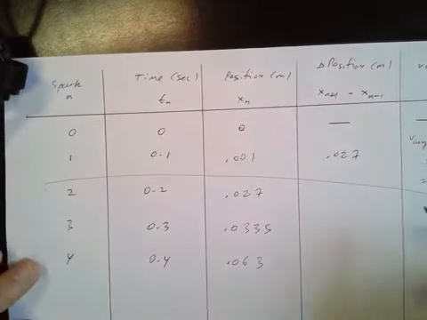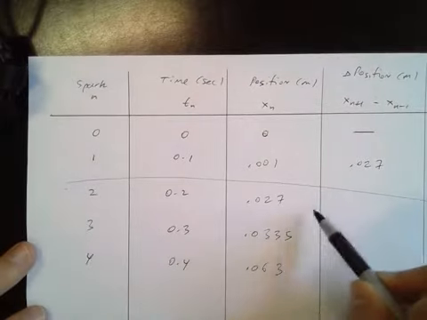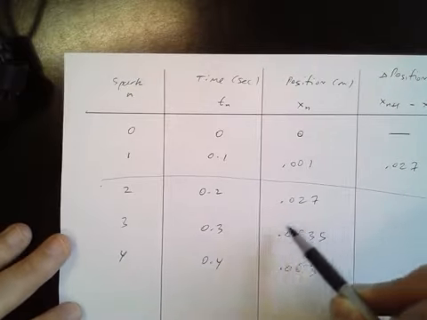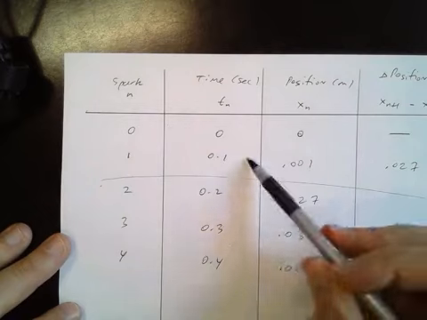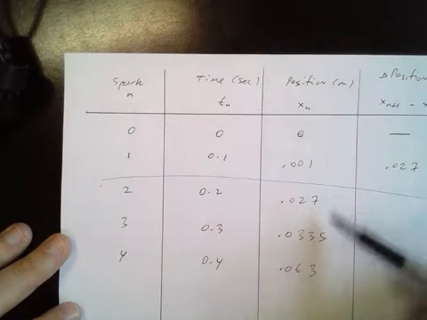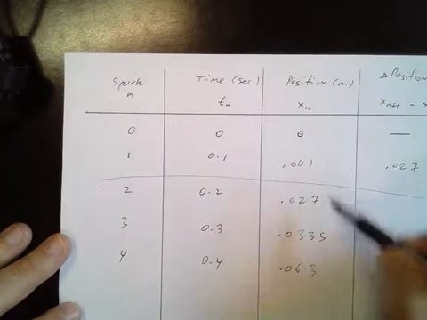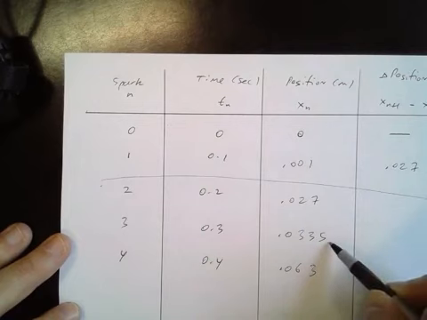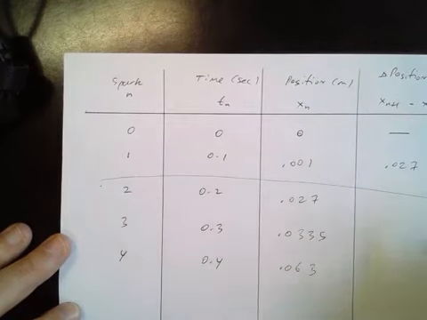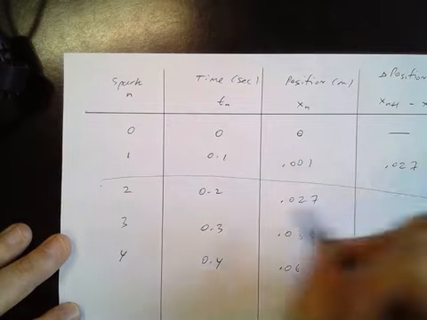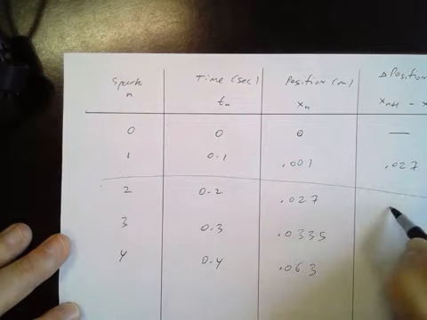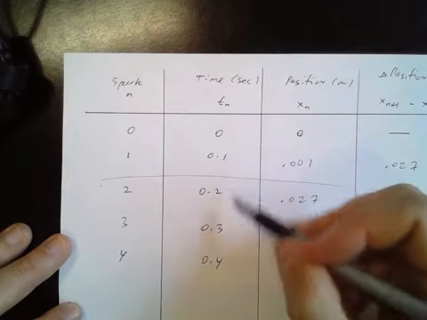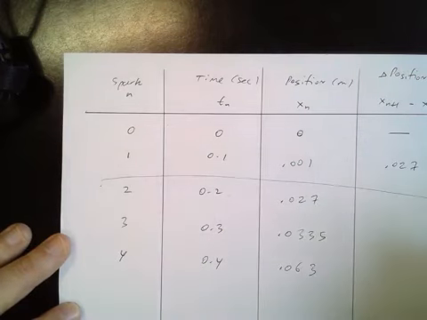All right, so now I've done one data point. I'll do one more. For example, for spark 2, I would need to find the change in position between sparks 1 and 3. Sorry, that's these numbers. Take the difference, and that is 0.0335 minus 0.001. I'm going to put that number in the row for spark 2, which is our spark that was at the midpoint in time between sparks 1 and 3.